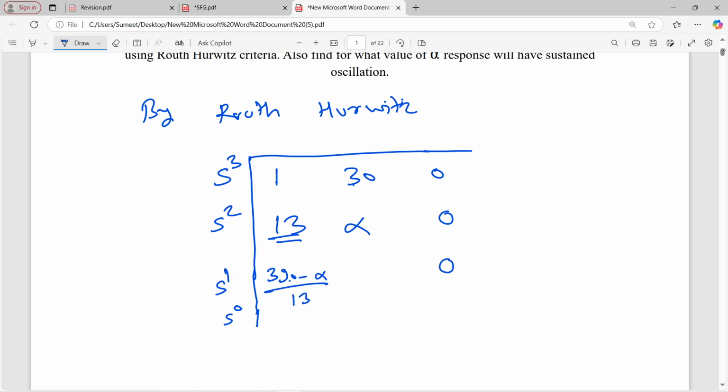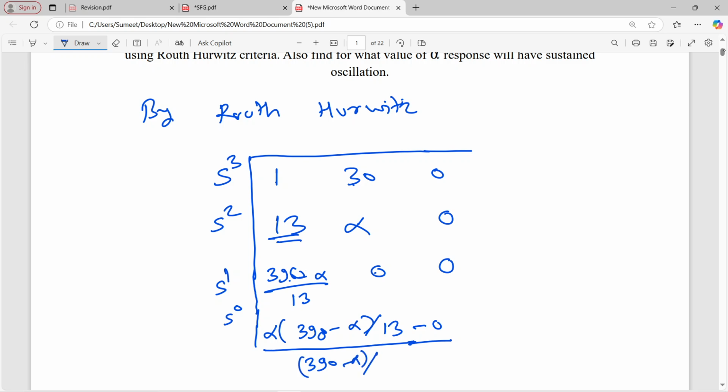Now once again you have to multiply this, so alpha times 390 minus alpha upon 13, whole divided by this. As you can see here nothing is there, that means 0, so 0 into 13 minus 0, divided by this term, which is 390 minus alpha upon 13. So as you can see this term and 13 get cancelled, so remaining value is simply alpha.